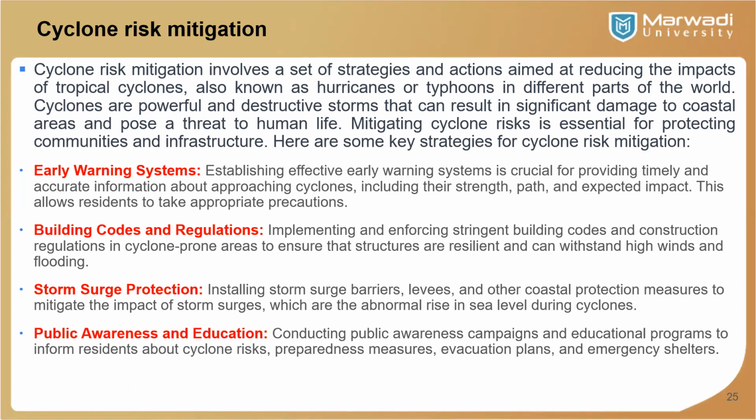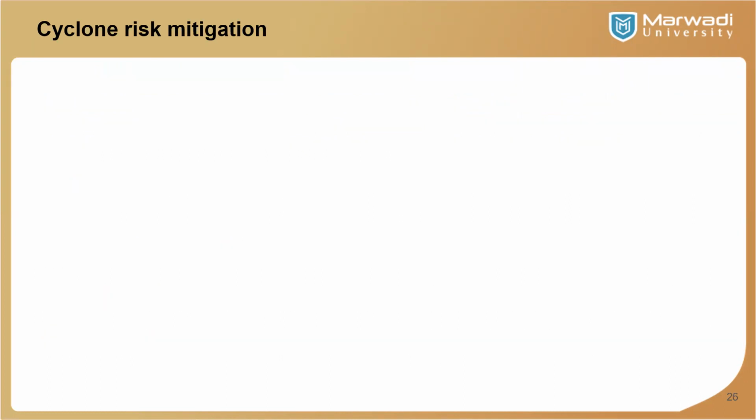Preparedness measures involve evacuation plans and emergency shelters, their location, their details, and how to reach there. So these are the things associated with cyclone risk mitigation.